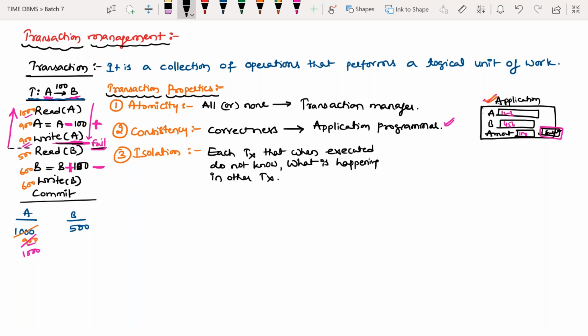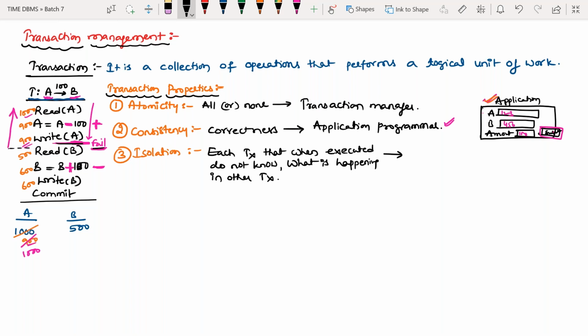So each transaction executes isolatedly, independently, without knowing what is happening with other transactions. If each transaction executes isolatedly without knowing what is happening with other transactions, that may cause some problems.